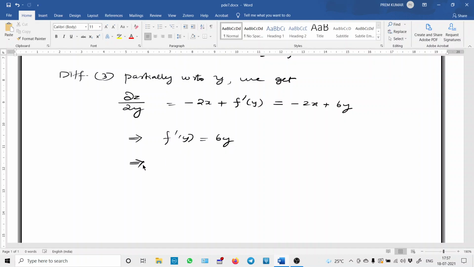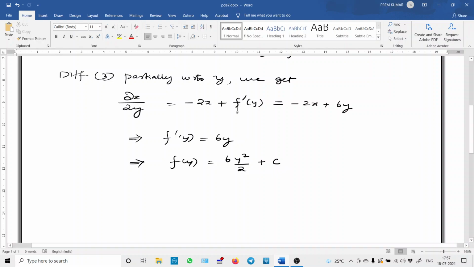So we integrate with respect to y partially, and we get f of y equals 6y squared by 2 plus some constant of integration. Here f of y is fully a function of y alone, so simply we will write the constant of integration as c.